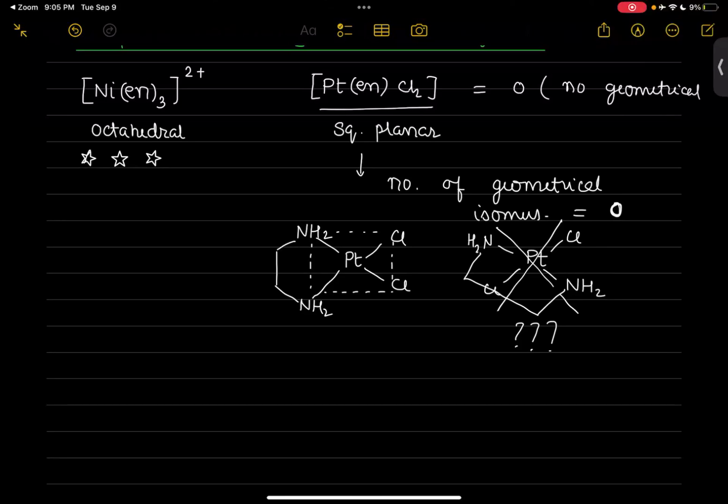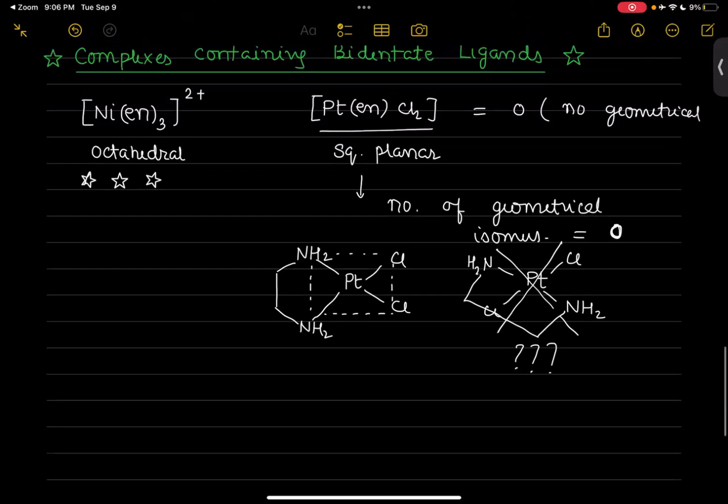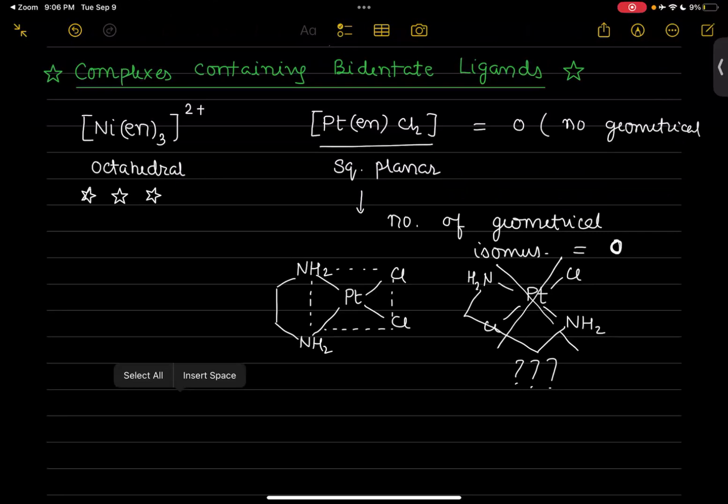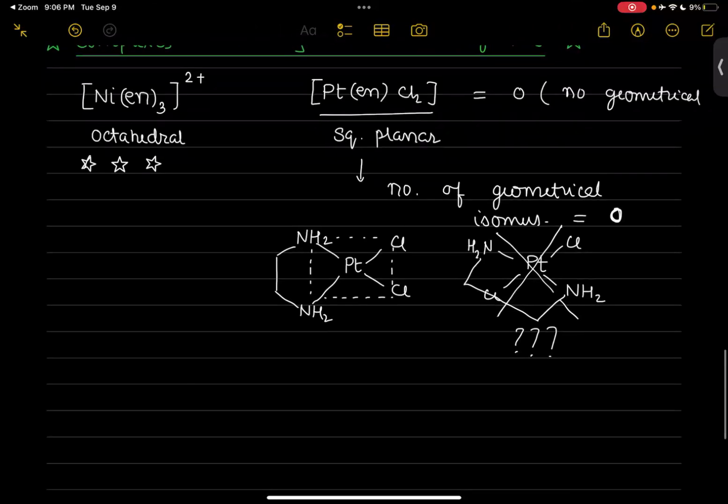But we need to check. Okay, once more. The geometrical isomerism is not going to be there at all, because all are the same. The points are exactly the same.